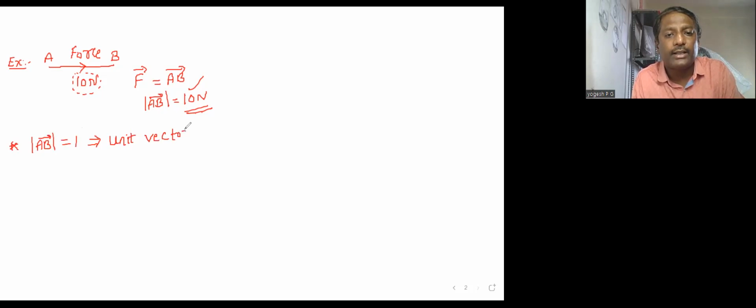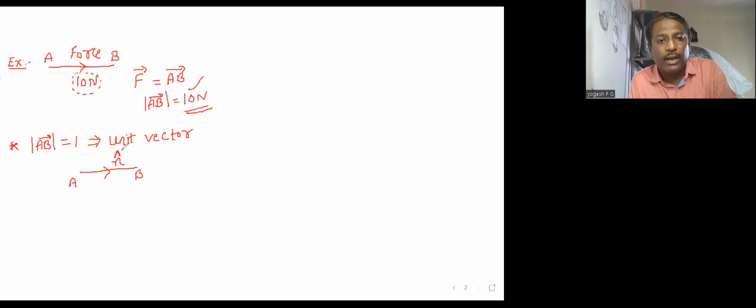A unit vector is one whose magnitude is 1. Suppose AB vector is this, A to B. I will denote the unit vector with n cap. This is the symbol to represent the unit vector, students. N cap is the unit vector of AB.